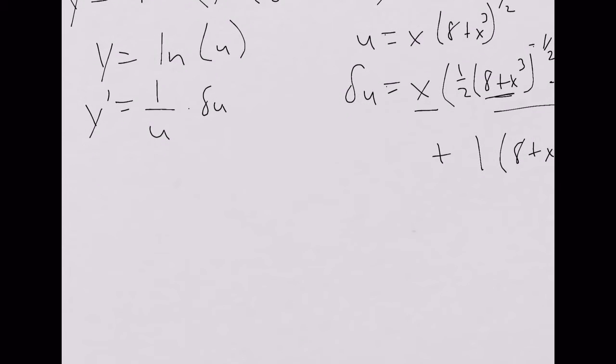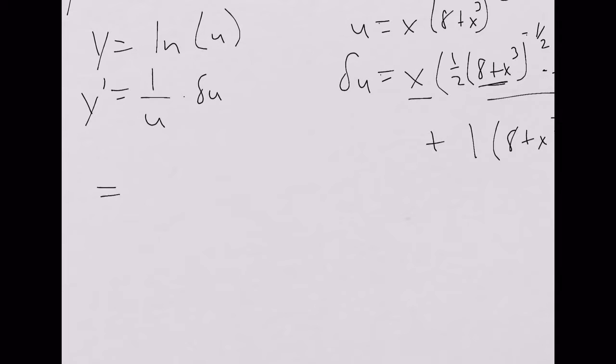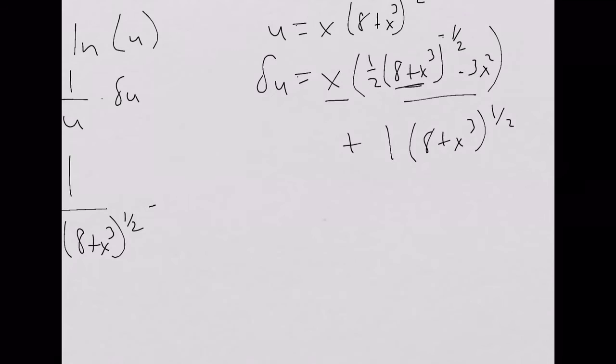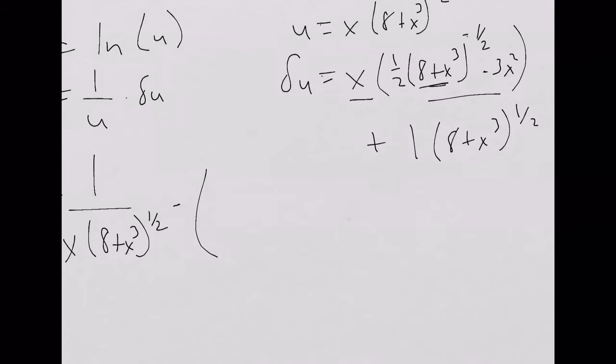So now that I look at my final answer, I have 1 over u. So my derivative is 1 over u, where u was x 8 plus x cubed to the 1/2, multiplied by what my du is. So I'm just going to write it just as it is. I do not have to simplify it.